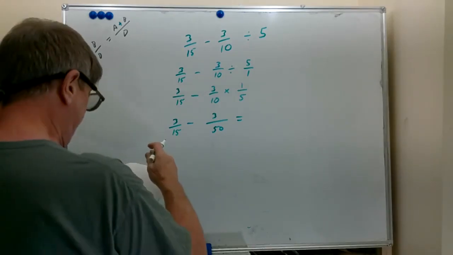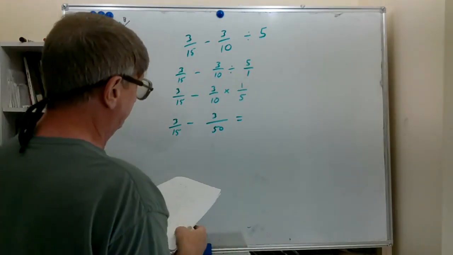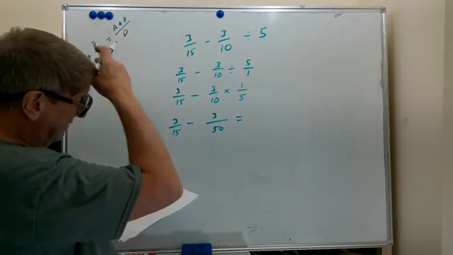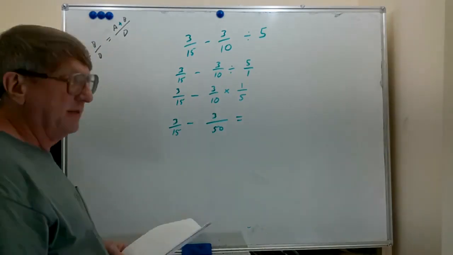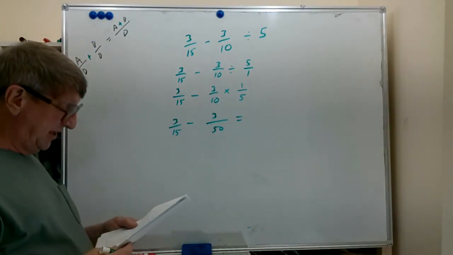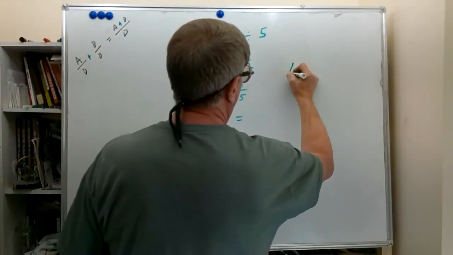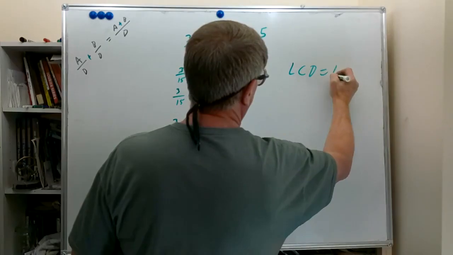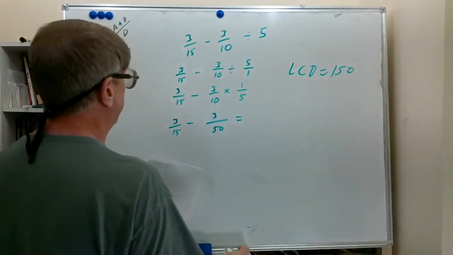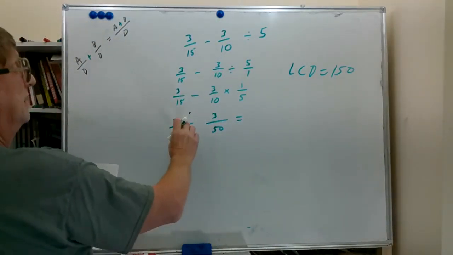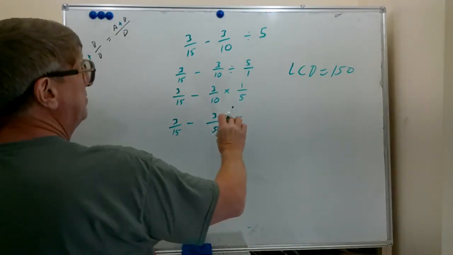Now we need to find a common denominator. The least common denominator is a nice way. I've worked this out myself and found that the LCD equals 150. So we got to multiply this guy by 10 over 10 and this guy by 3 over 3.